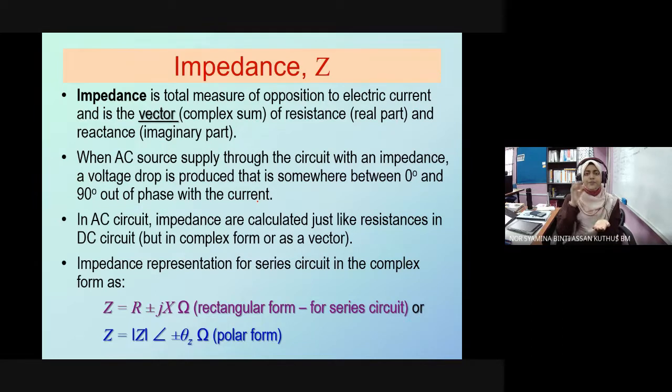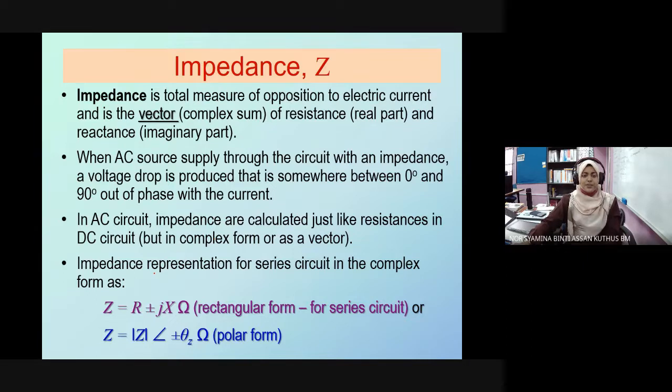Awak punya phase difference sentiasa akan ada di dalam in between 0 to 90 degree. So kena ingat bila mana kita ada impedance di dalam mana-mana circuit, akan ada leading ataupun lagging antara current dan voltage. So in any AC circuit, impedance are calculated sama macam resistance in DC circuit. Cumanya impedance sekarang adalah dalam bentuk complex form.